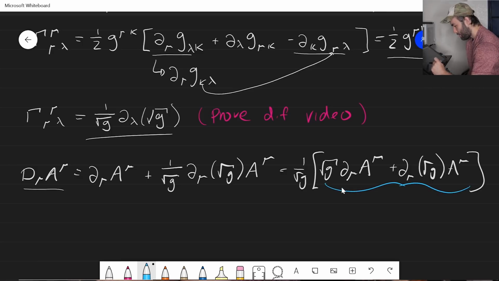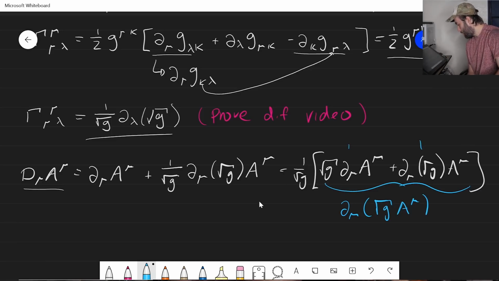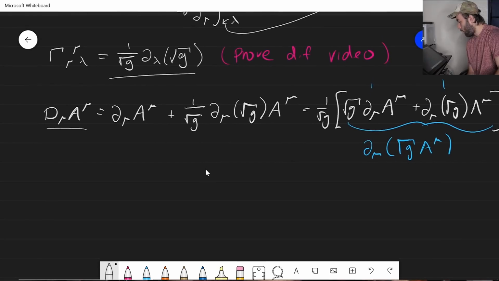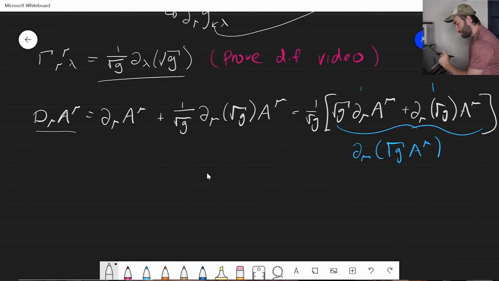This guy here is just d mu of root g a mu. Right? Using the product rule, you differentiate the determinant of the metric, that's this guy, and then don't differentiate a mu, and then plus don't differentiate the determinant times the derivative of a mu, that's this guy.